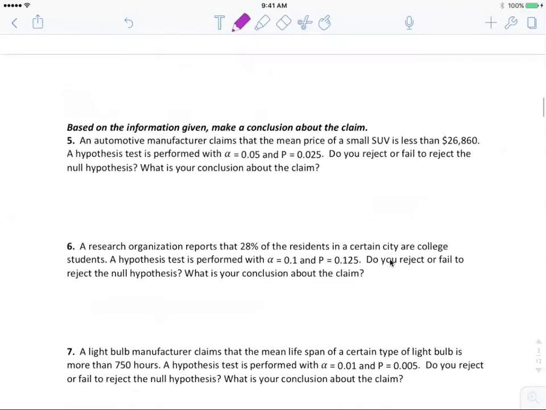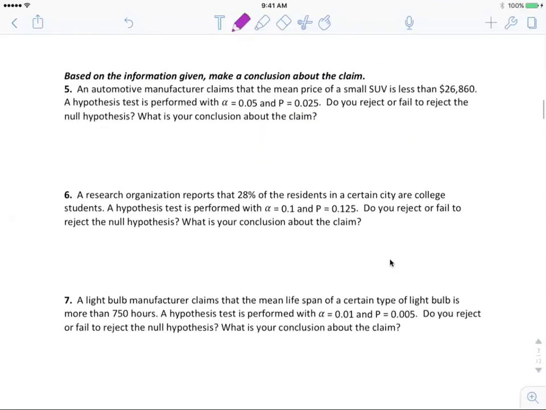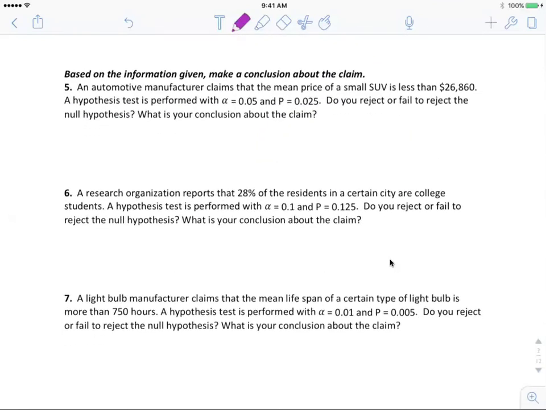Let's put it together and also make some conclusions. And that'll be the end of this section, okay? So I'm still going to create all of my H0s, HAs, and all of that, right? So the claim is that the mean is less than 26,860. So I'm just setting it up, H0, HA.